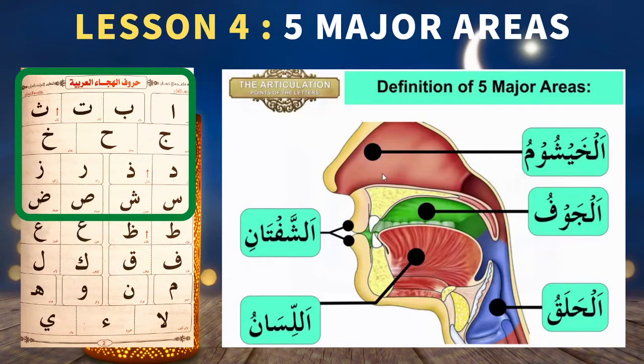Let's go over the letters one more time. Alif, Ba, Ta, Tha, Jim, Ha, Kha, Dal, Dhal, Ra, Zai, Sin, Shin, Sad, Dad.